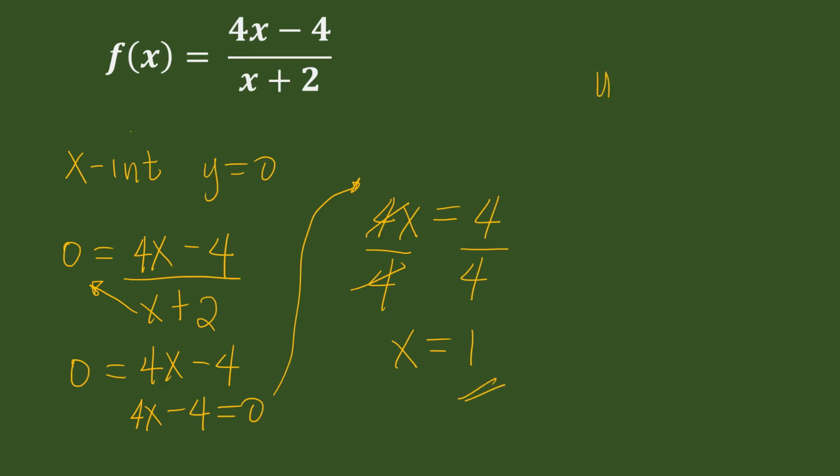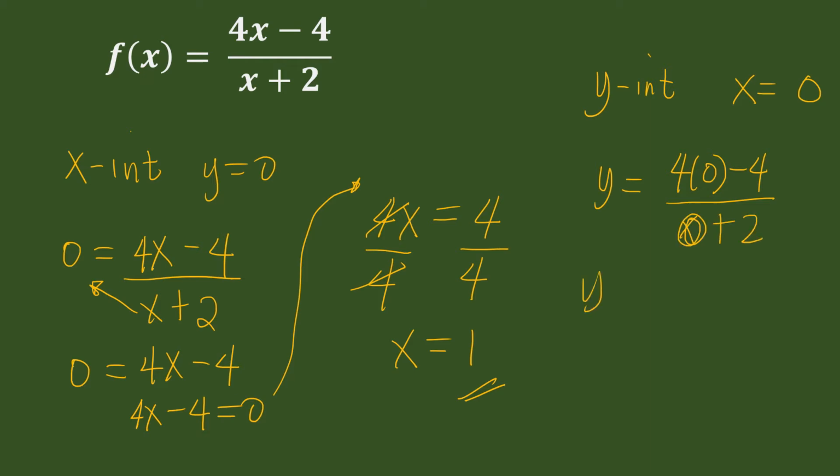And to get the y-intercept, this time we replace x by 0. So the y-intercept will be equal to (4 times 0 minus 4) over (0 plus 2). So y is equal to -4/2, so y is equal to -2.